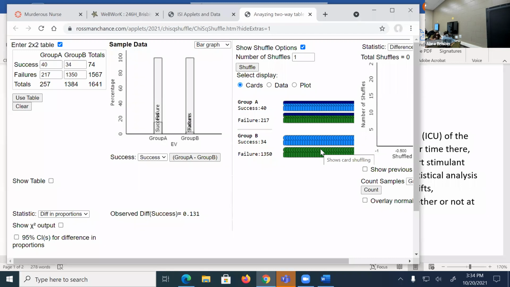My 40 plus 34. What is the number? 74. So A is just when she's working.